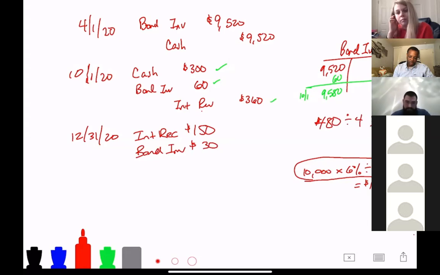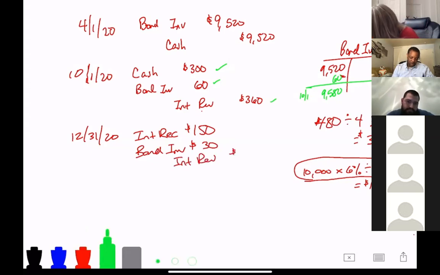Divide that by 12, multiply that by 3. Or just divide 60. In our interest revenue, all this so that we can say we recorded revenue when earned is $180 because that's what we've earned. Deep, baby.